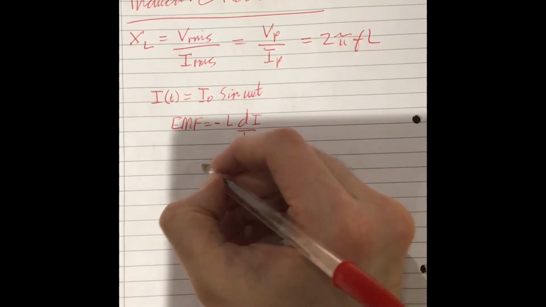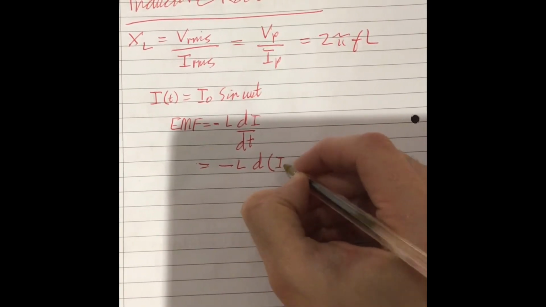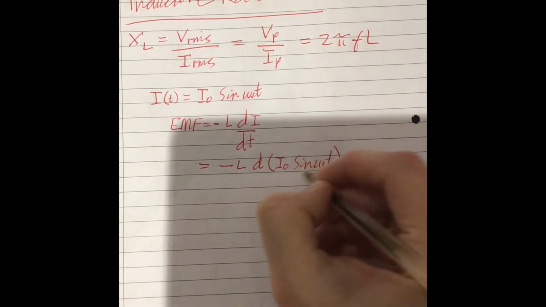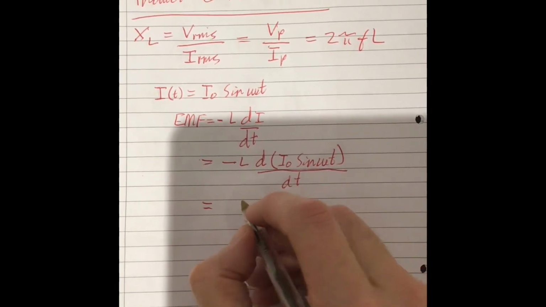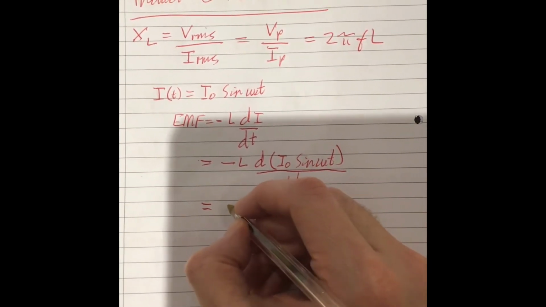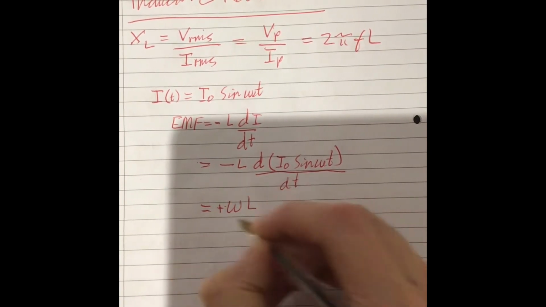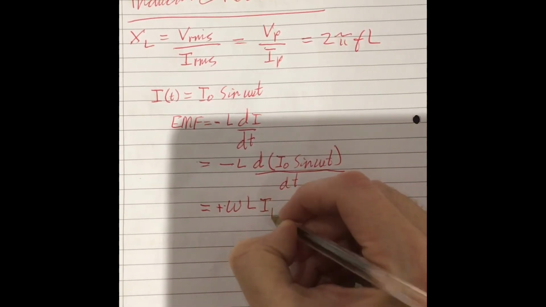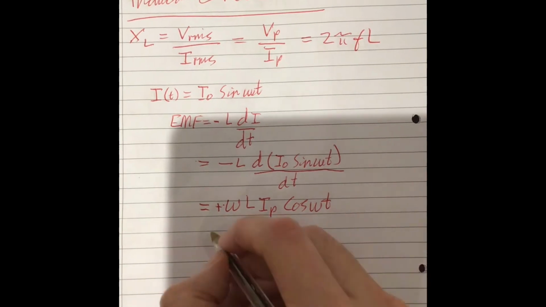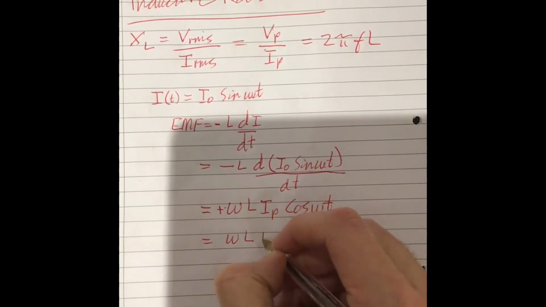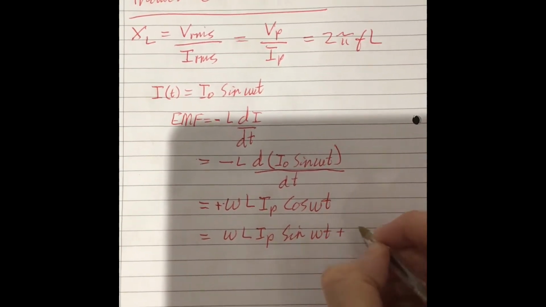So that then is minus L d I naught sine omega t by dt, which we should be able to do fairly easily from our knowledge of maths, and get that that is minus omega L, and that will become plus I P cos omega t, and a bit more maths will tell us that that is omega L I P sine omega t plus pi by 2.